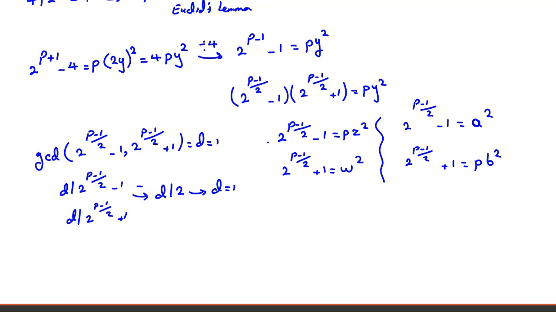Okay, for this case, if we consider mod 4, let's first analyze this one. We know p is at least 7, so p minus 1 over 2 is at least 6 over 2, which is 3. If we consider mod 4, the right hand side, because it is a perfect square, is 0 or 1.